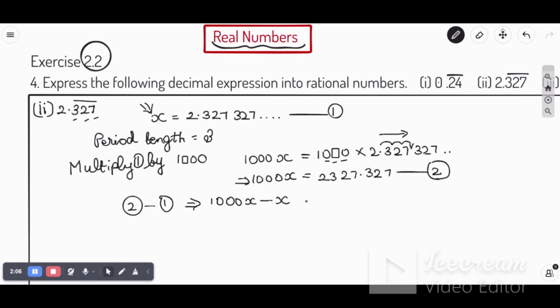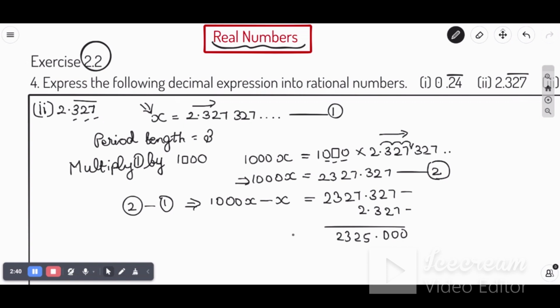So if you do that, you will get 2327.327 minus what is your right hand side for equation 1? This is 2.327. Since you have got repeatings over here for both, let's stop it here. So if you write from here, it will be 2325.000.